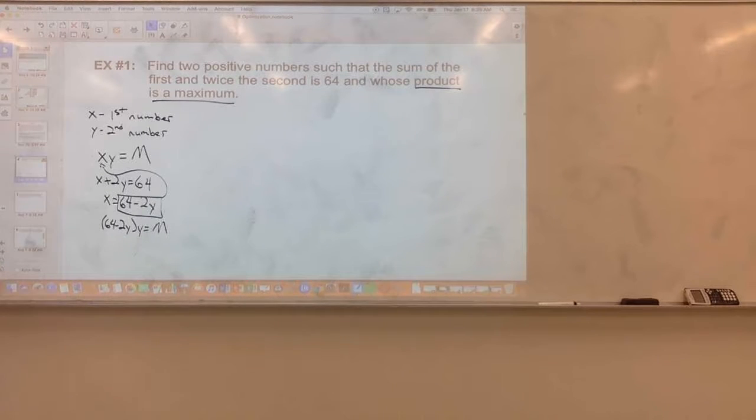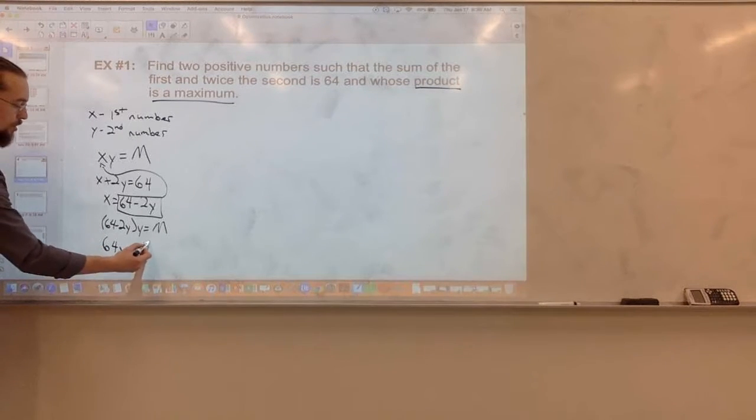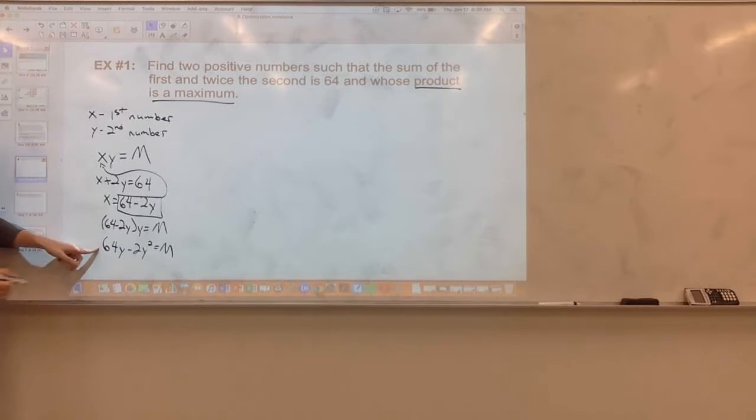We can multiply this out, which will probably make it easier to take the derivative of. So we just get 64y minus 2y squared. So now I have an objective function in just one variable.